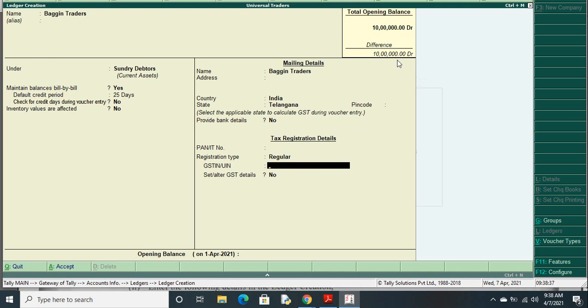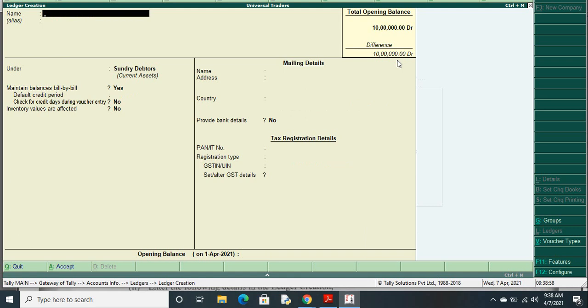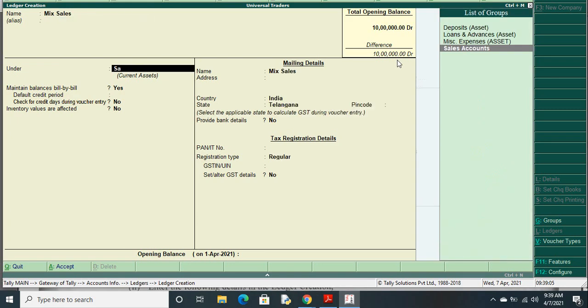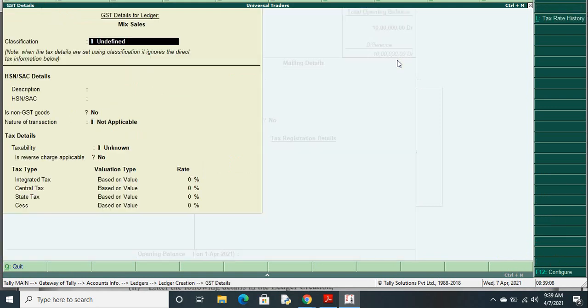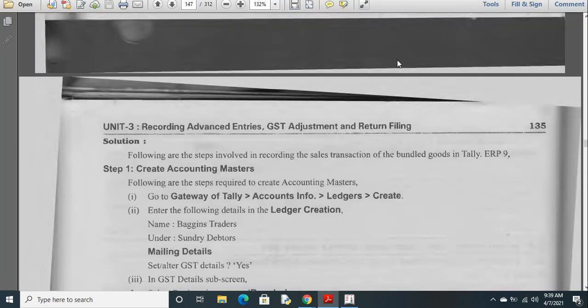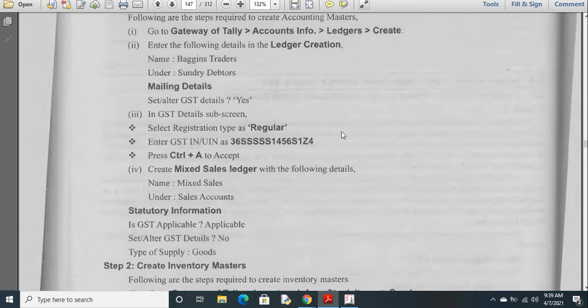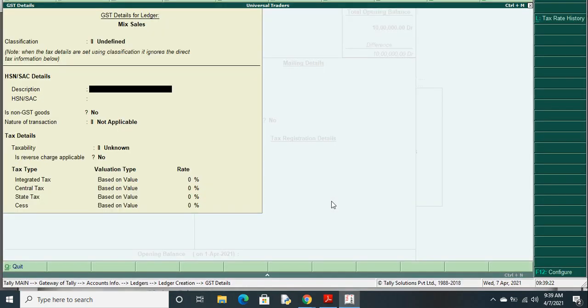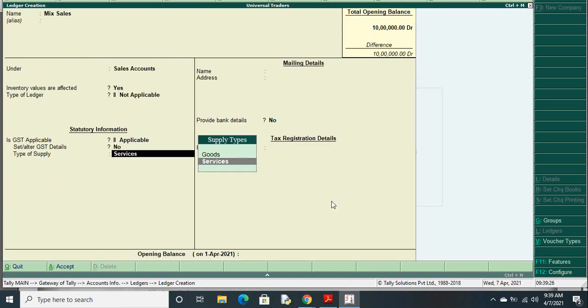Again we go with the same GST details. Next, mixed sales, under sales, applicable, yes, it is goods.